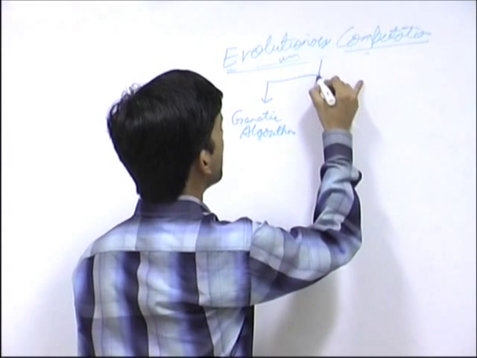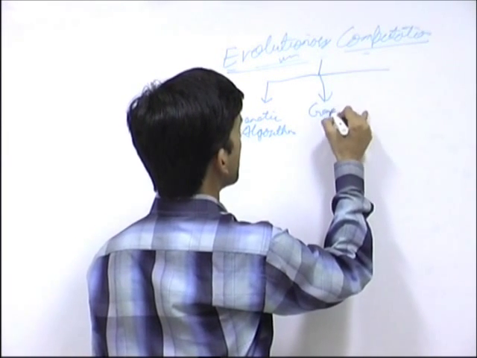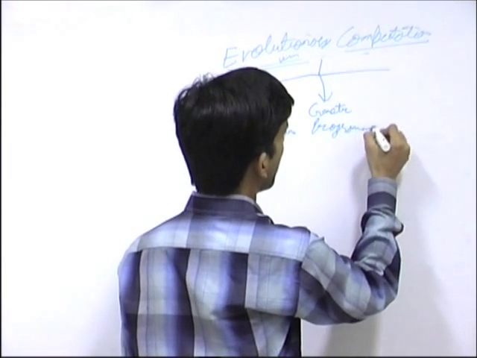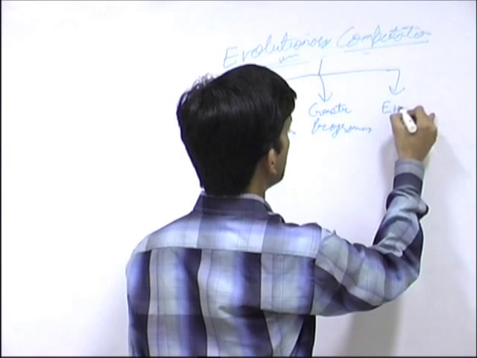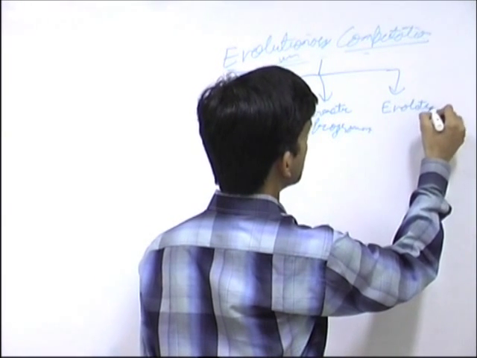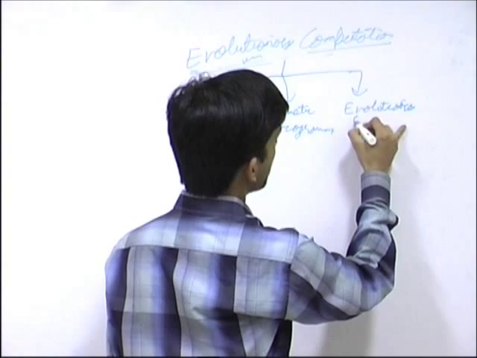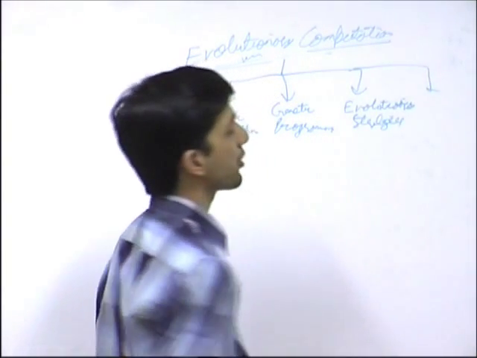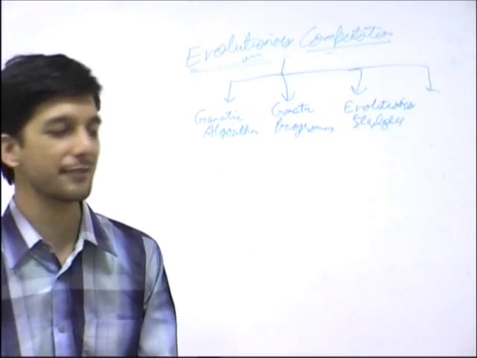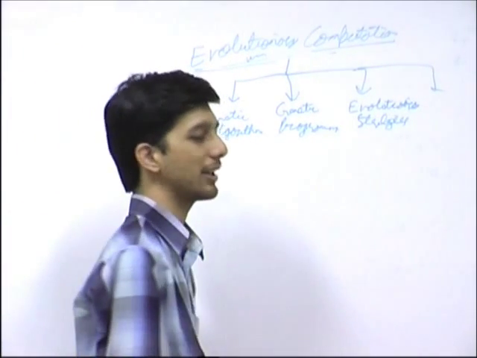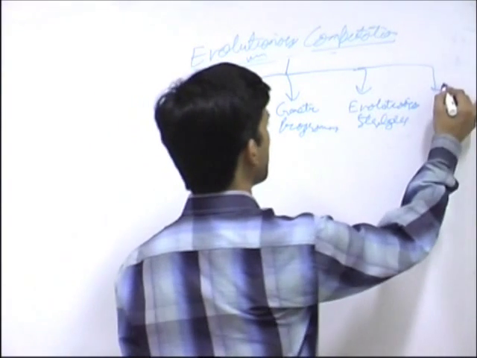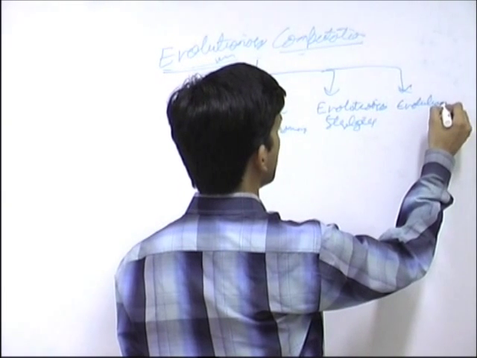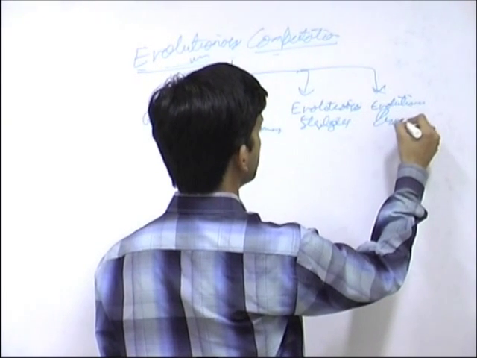another one known as genetic programming, another one known as evolutionary strategies, and then of course there are some people who classify them into 4 paradigms, so I'll just write down the 4th one that in some literature is prevalent as evolutionary programming.